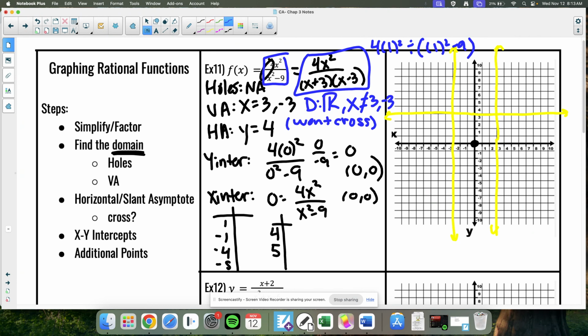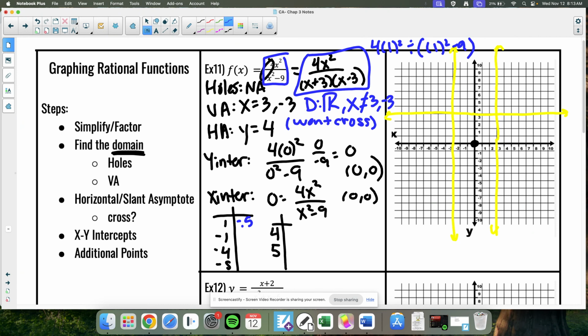Anyone get 1? Negative 1/2. Anyone do negative 1? Yes. Negative 1. What did you get? Negative 1/2. Negative 1/2.